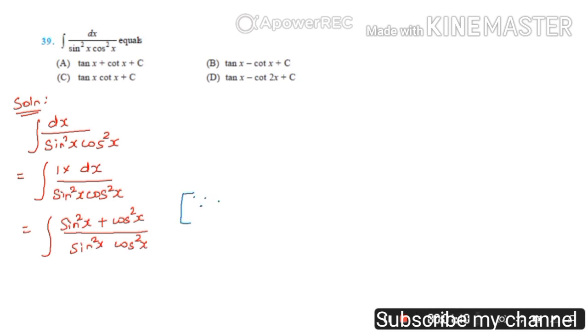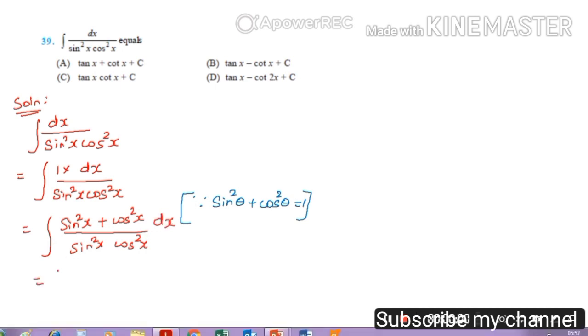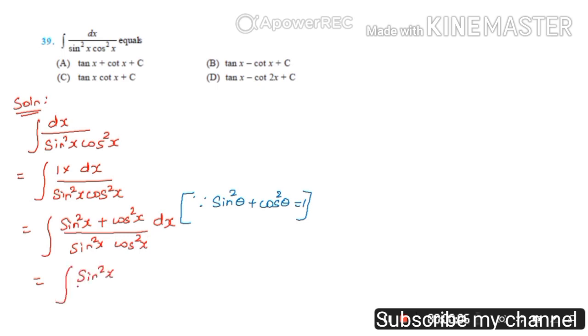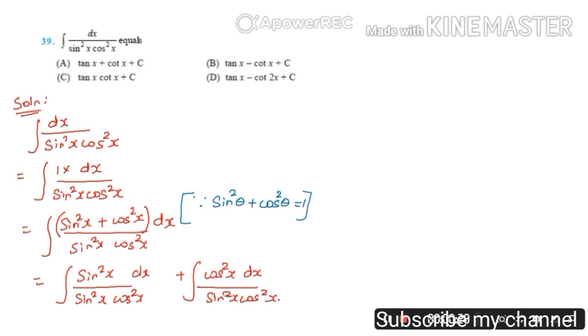Now I can split this division part: integral sin square x divided by sin square x cos square x dx, plus cos square x divided by sin square x cos square x dx. This dx is common for both.